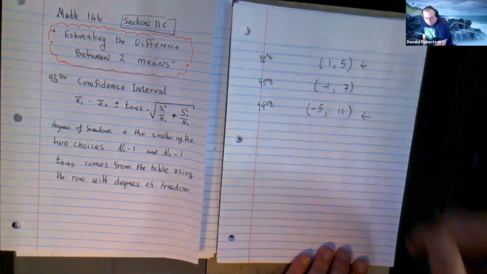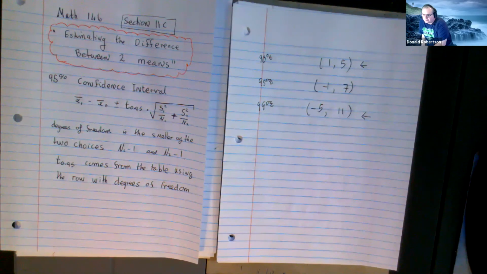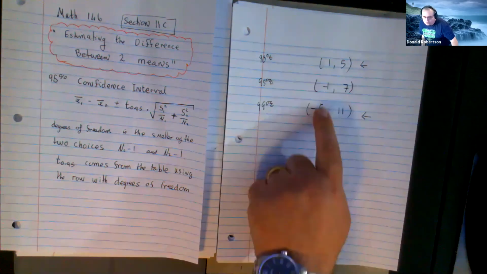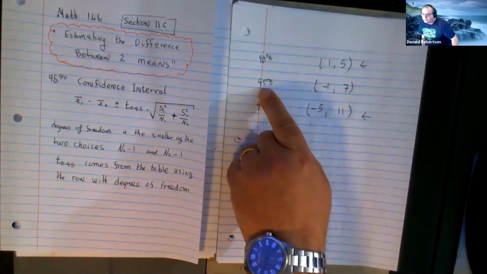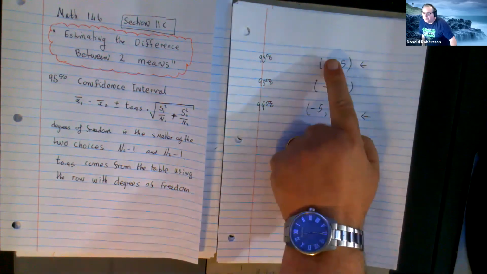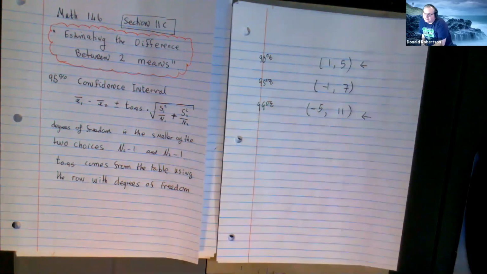Whereas if I use the 99% one, wouldn't my answer be there is no statistical evidence? We don't know. And the only difference is the confidence interval that I used. Can you see the temptation that people have to choose a confidence interval that gives them a statistically significant result?